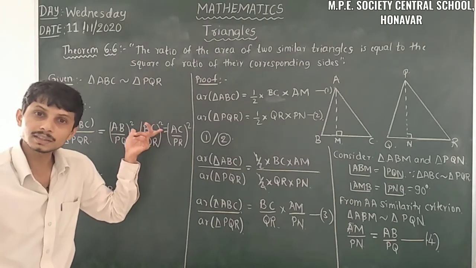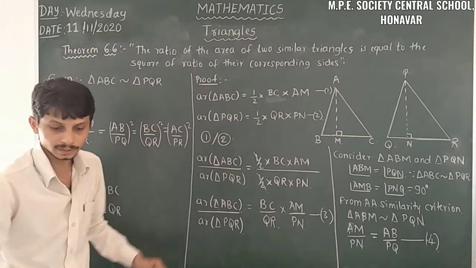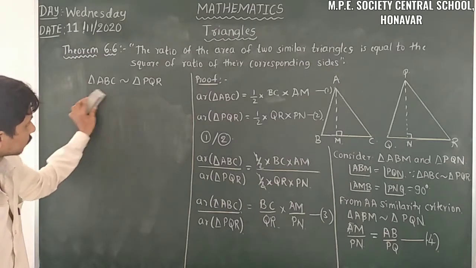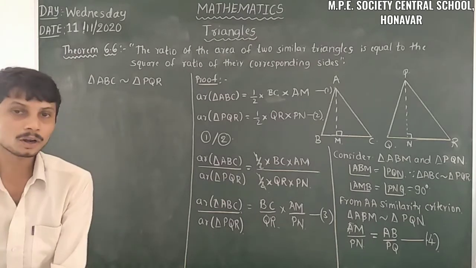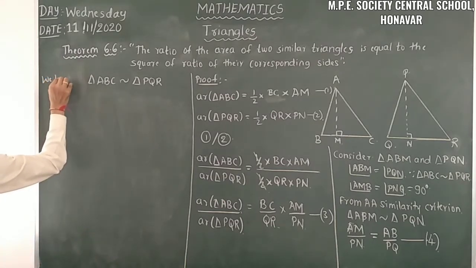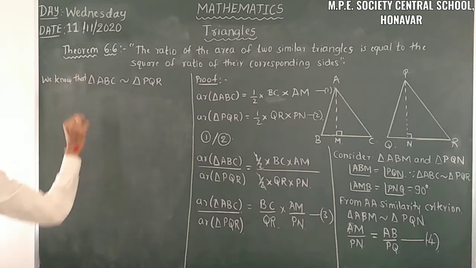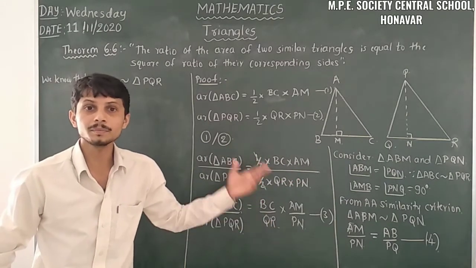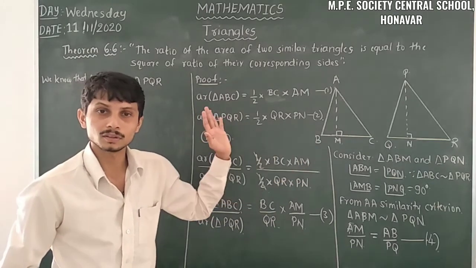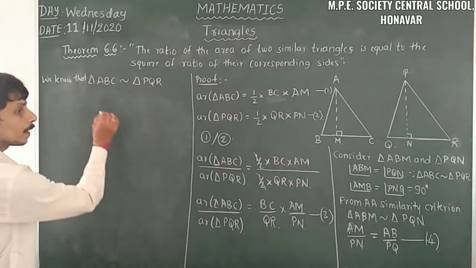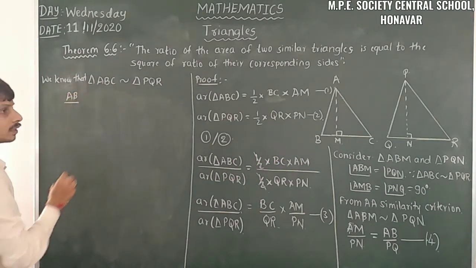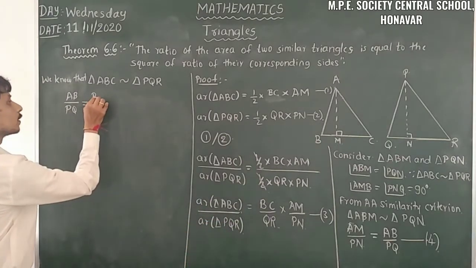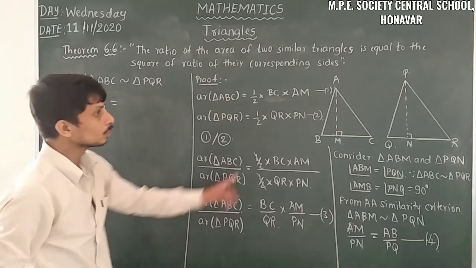In this case also we can consider the ratios of corresponding sides. Corresponding angles are the same, and corresponding sides are proportional. One of the ratios of corresponding sides is AB by PQ, which is equal to BC by QR, which is also equal to AC by PR.